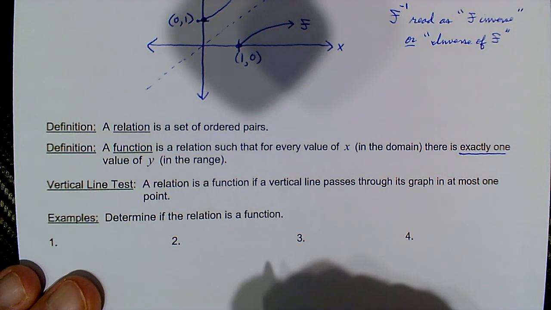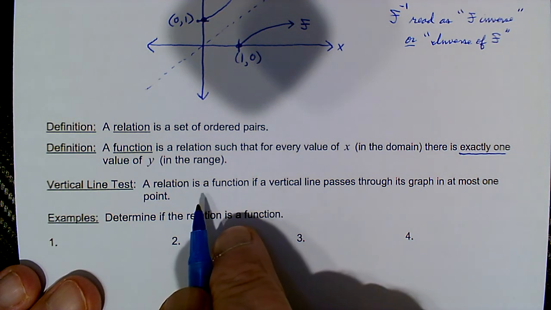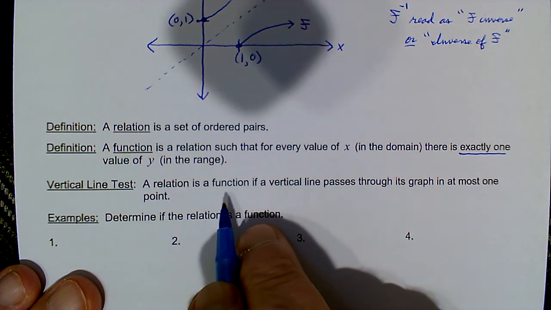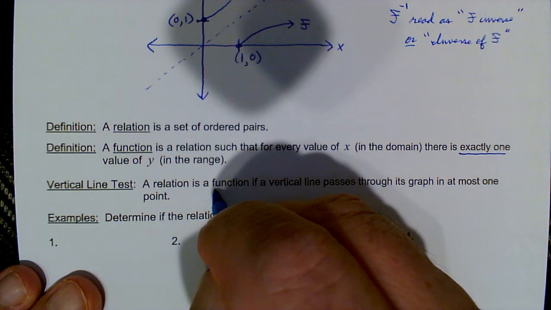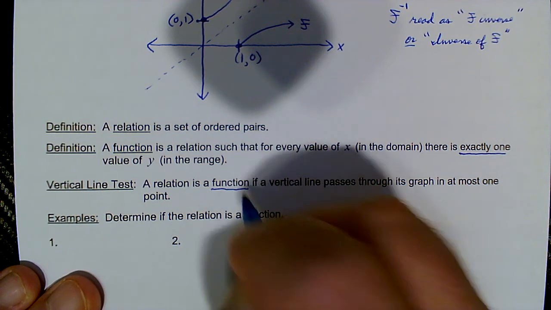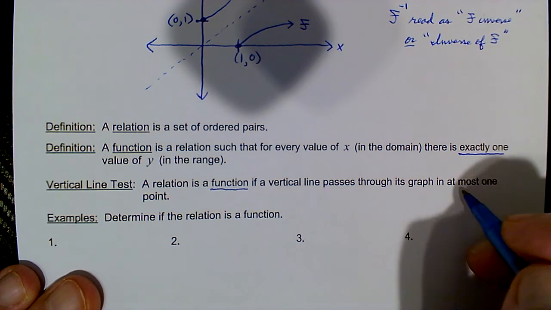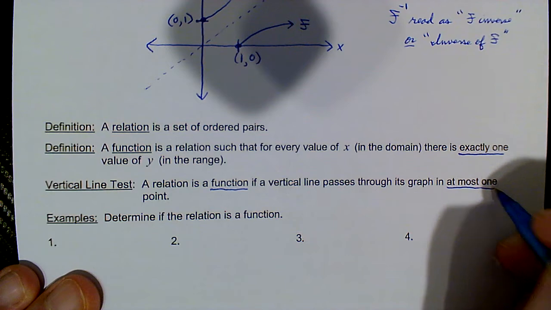And so we have, as you should recall, a vertical line test for functions. And we say a relation is a function if a vertical line passes through its graph in at most one point. That's one way to say it, at least.